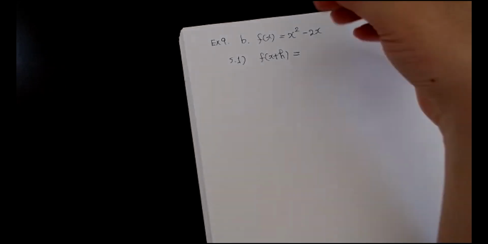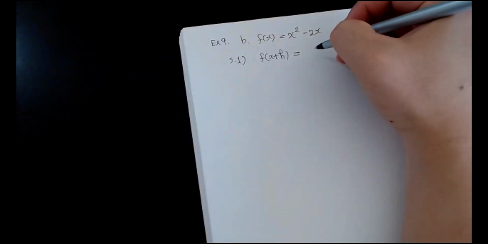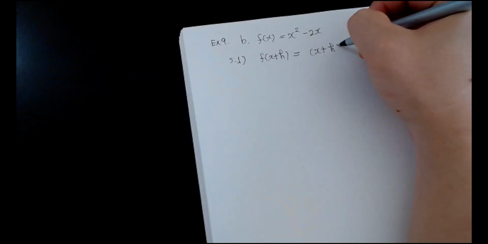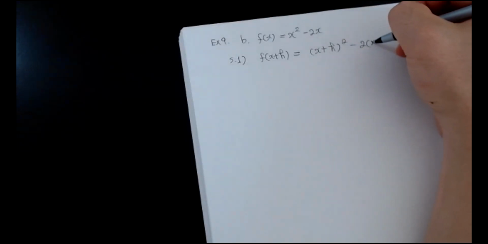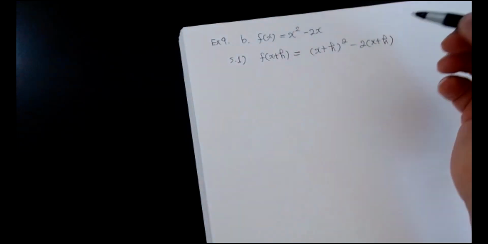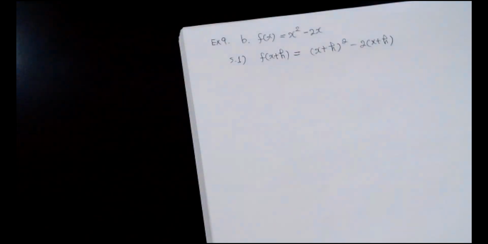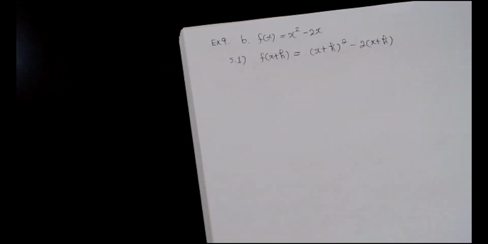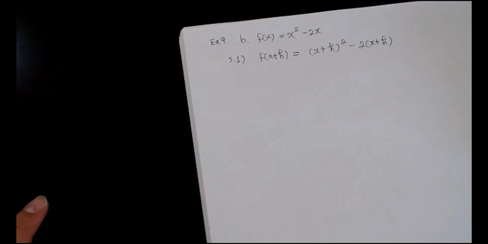Then f of x plus h is going to be x plus h squared minus 2 times x plus h. That doesn't mean adding h into x. Now x plus h is the new x coordinate, not just x alone anymore.